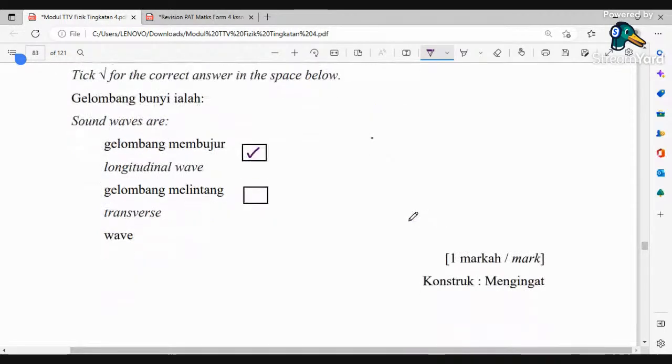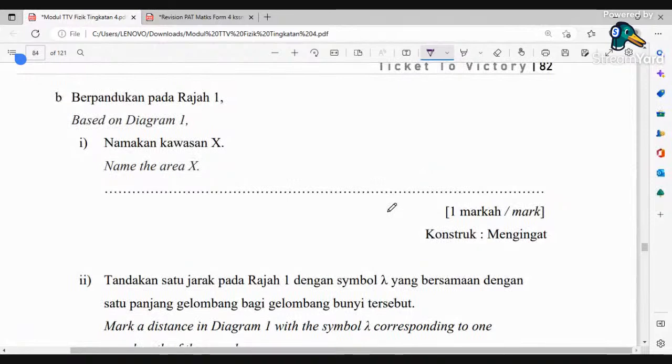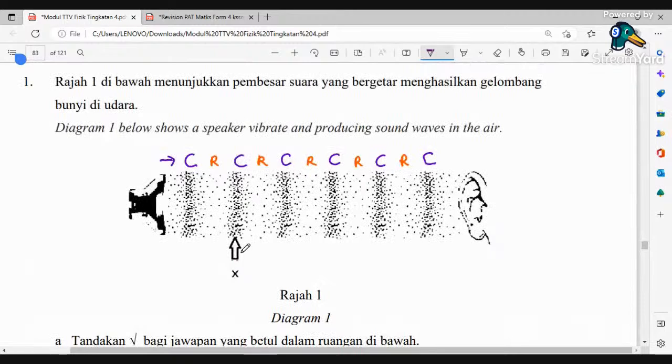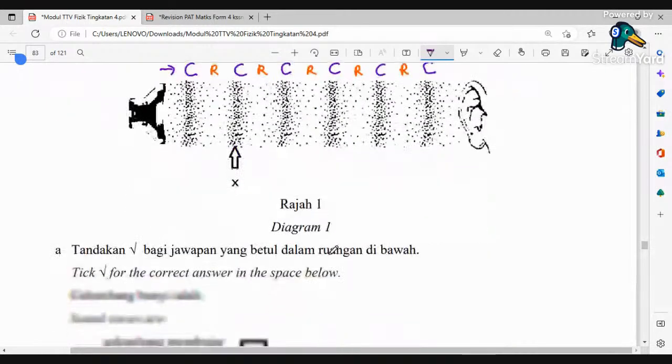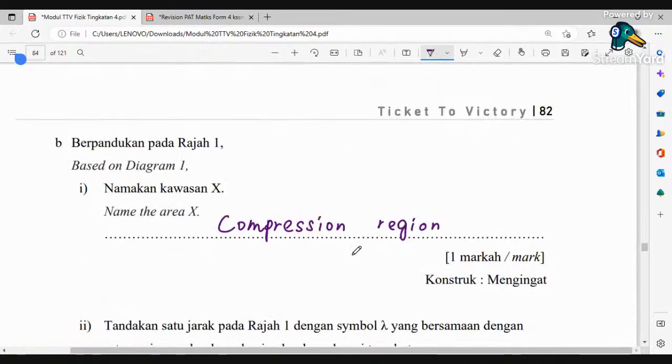Okay, based on diagram 1, name the area X. Just now already label X compression region. Just write down compression region.